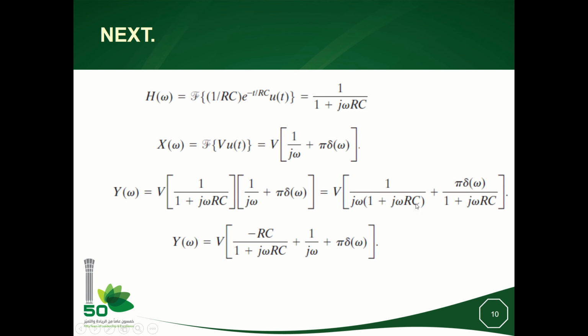So I will decompose this part as 1 over j omega minus RC divided by 1 plus j omega RC, plus pi delta of omega. We did this decomposition in order to recover this term and this term, where the calculation of the inverse Fourier transform is easy.